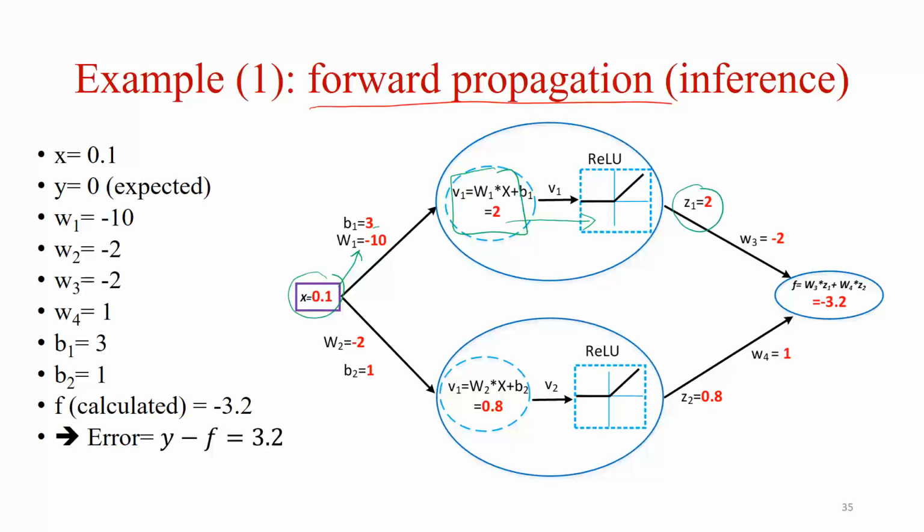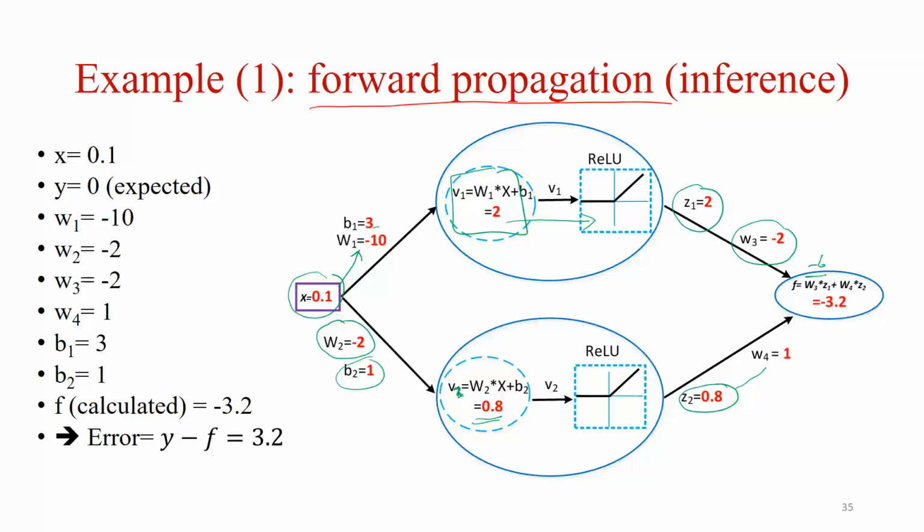You multiply Z1 by this weight, which is -6. Similarly on the other side, you take the input, you multiply it by W2 and you add the bias, and you get V2, and V2 equals 0.8. Here we apply this V2 to the ReLU, you get 0.8, you multiply it by the weight and you get 0.8.